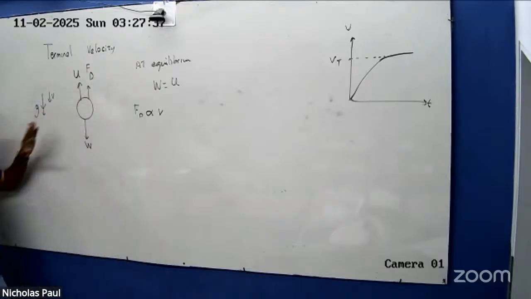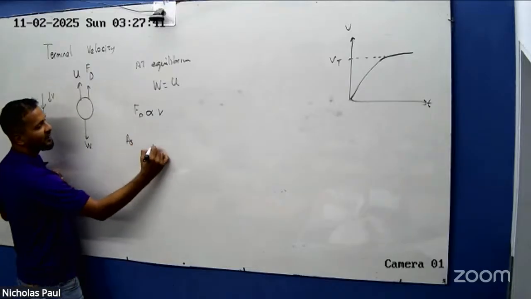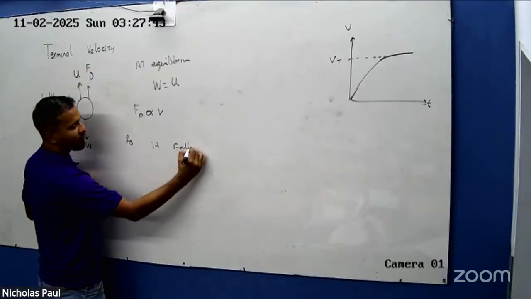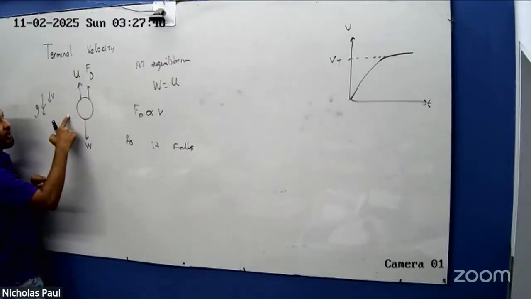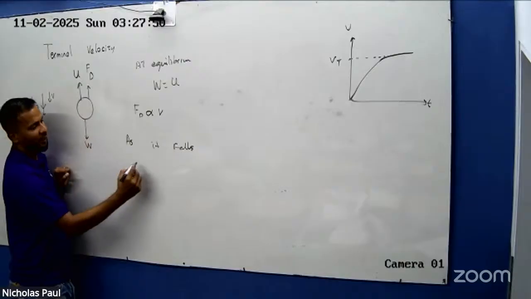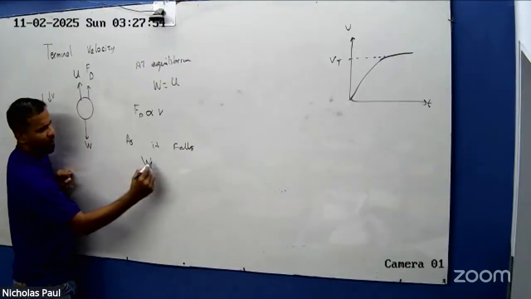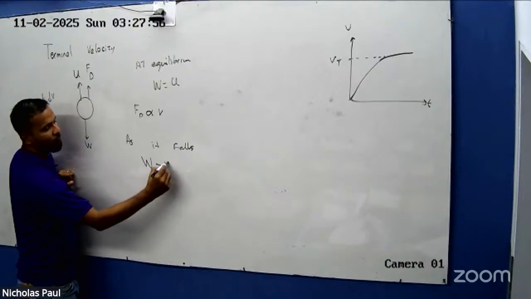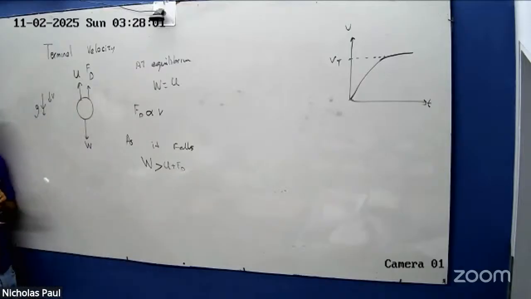So as the object falls, which is larger? It's falling down, right? So the weight is greater than the upthrust plus drag force. Are you okay with that?